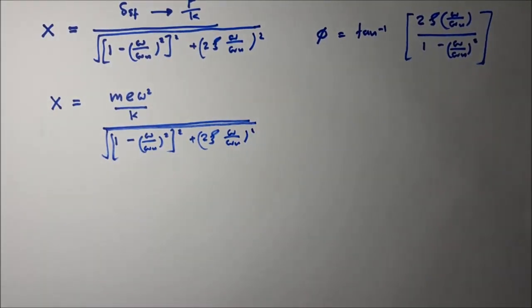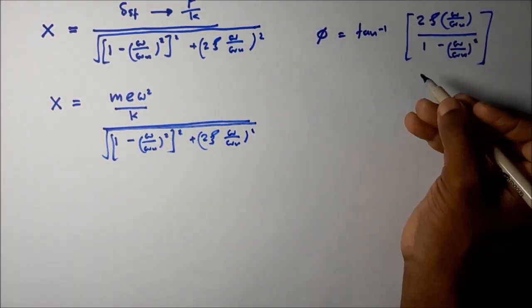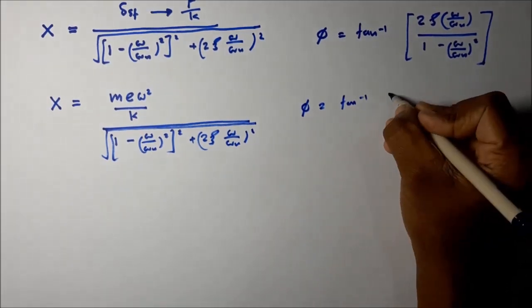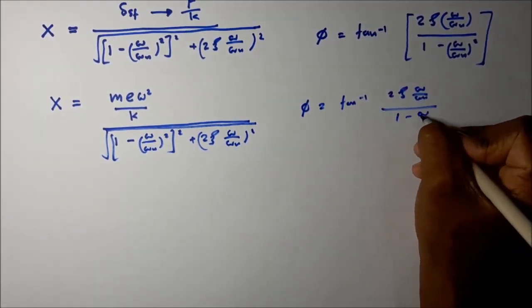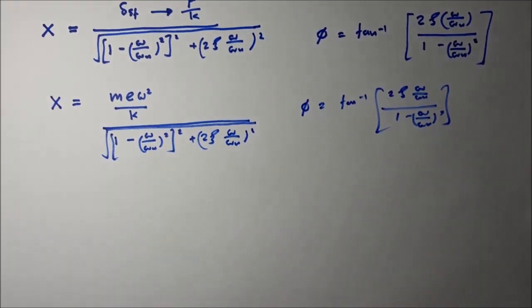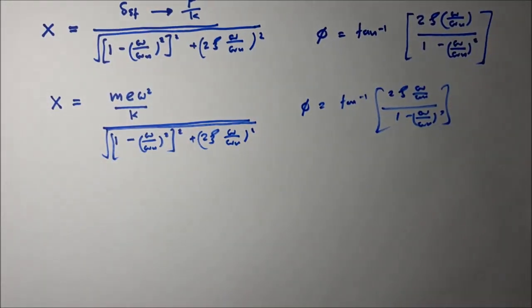This is the X we obtain. The phi is the same: tan inverse of 2 zeta omega divided by omega n over 1 minus omega divided by omega n, squared.